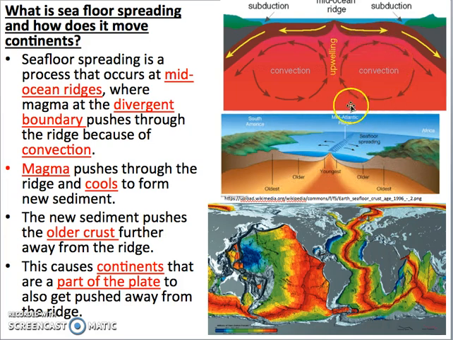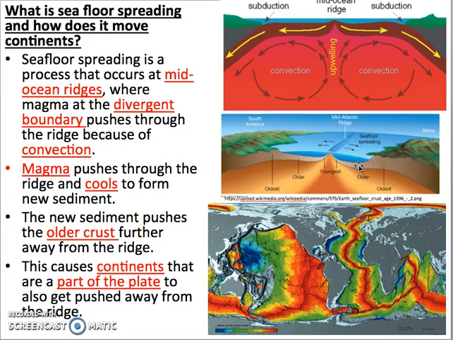Now, magma will push out of the mid-ocean ridge, the little gap in between the two boundaries, and it will form new crust. In this diagram, you can see how as you move away from where the ridge is, you get older and older crust. So when the magma comes out, it bubbles on the surface, and the newest crust is actually right next to the ridge, and the older crust gets pushed away from the ridge as this occurs.